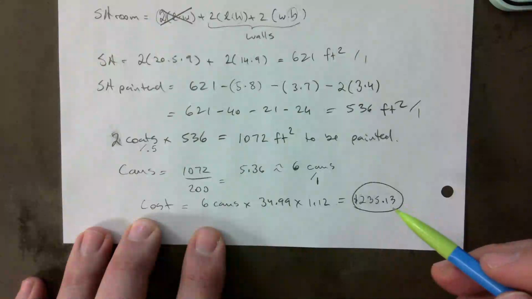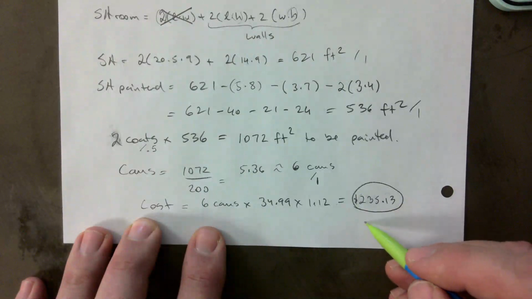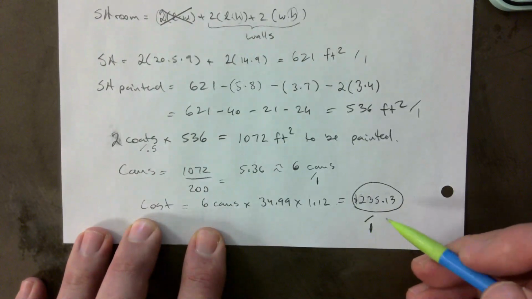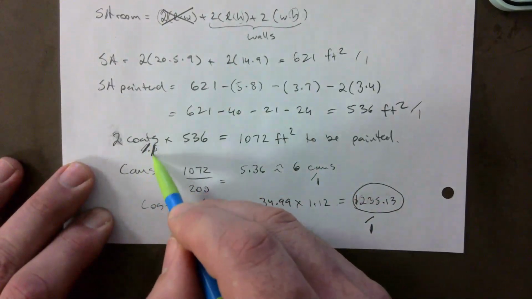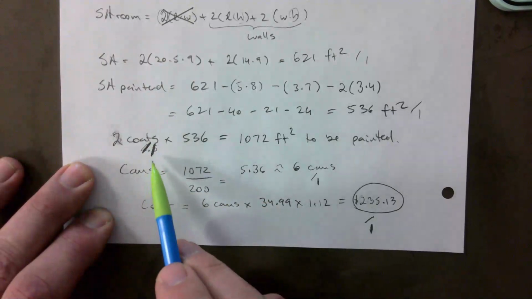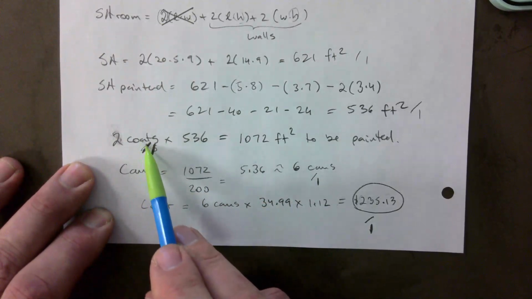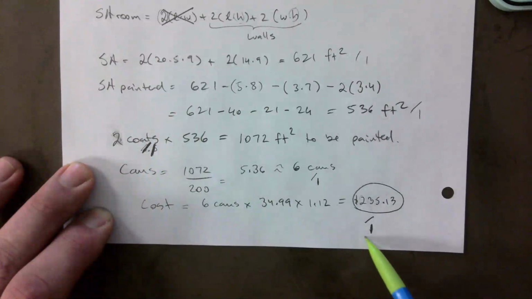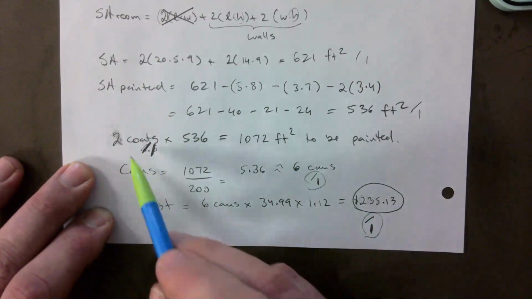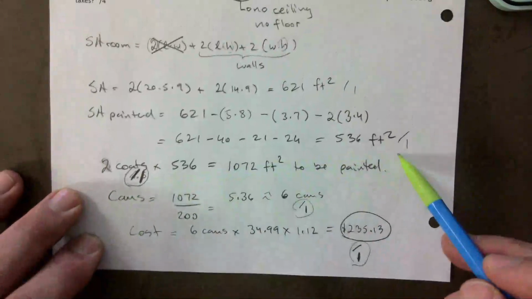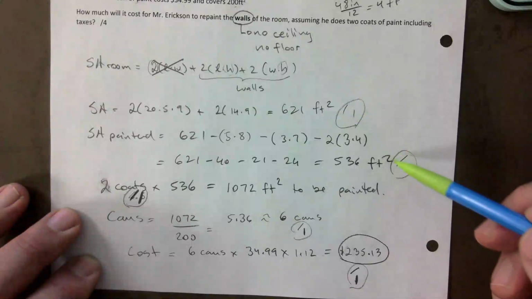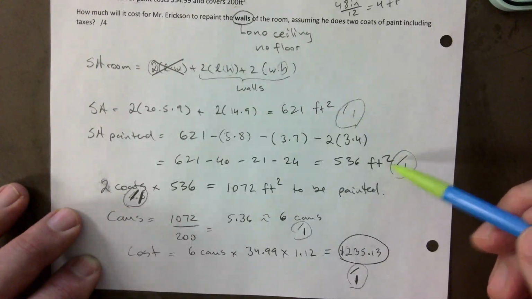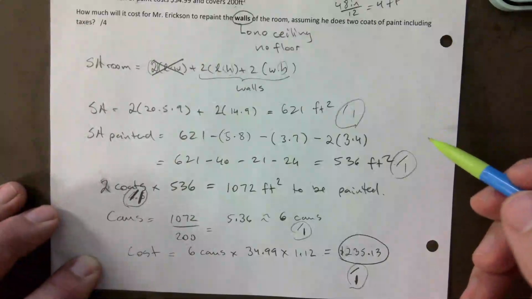We're gonna make this worth 1 here, and let's go back to the number of coats. I'm gonna make that worth 1. I don't like halves. Okay, at the end, the total. So the number of coats also gets a 1. So 1, 2, 3, 4, 5. So this whole thing, if I added up correctly, is 5.